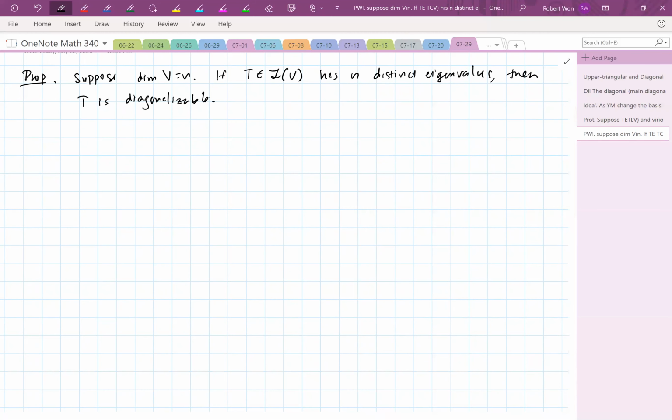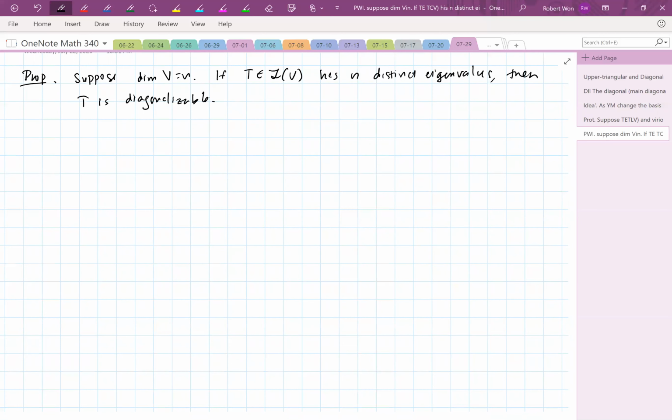If T has n distinct eigenvalues, that means that you can get n linearly independent eigenvectors, because eigenvectors corresponding to distinct eigenvalues are linearly independent. We proved that. But if you have n linearly independent vectors, they must be a basis. So in this case, you can form a basis of eigenvectors. Then by the previous result, that means that T is diagonalizable.